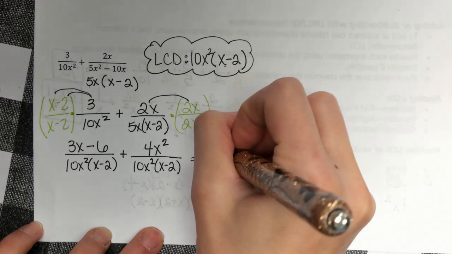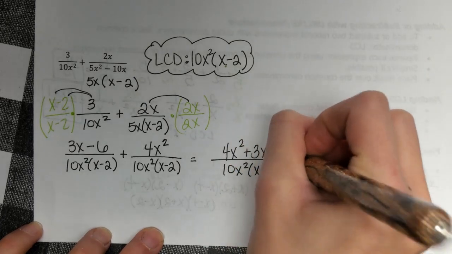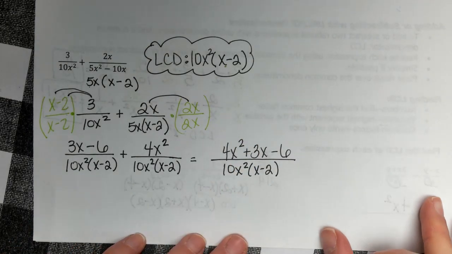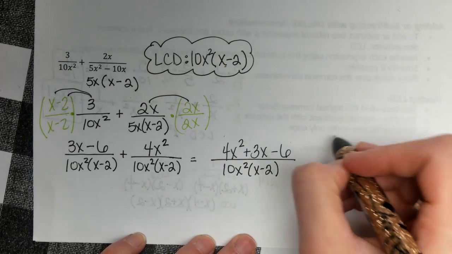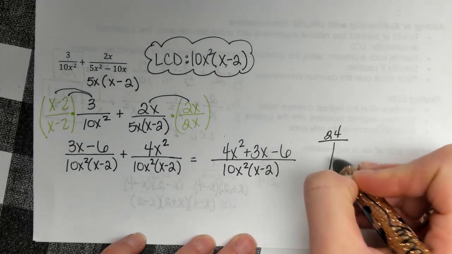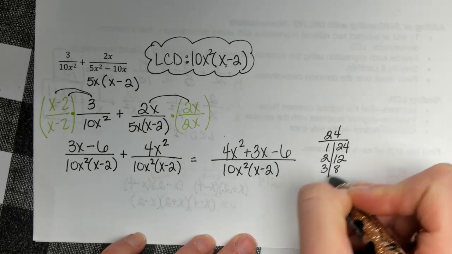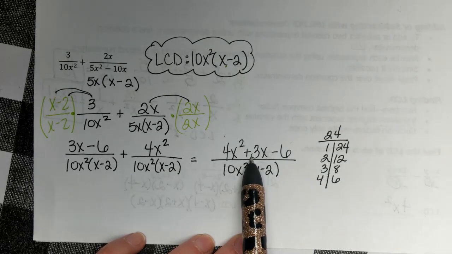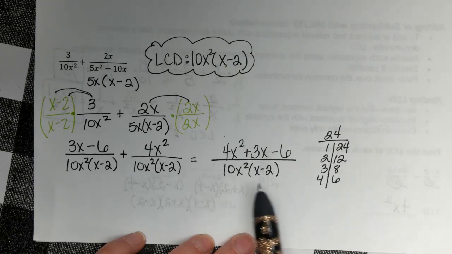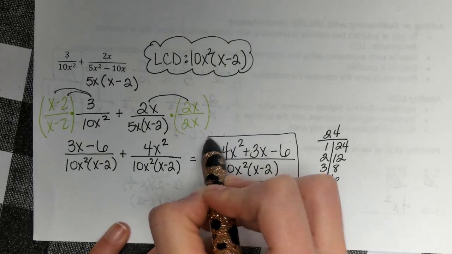So I'm going to have 4x squared plus 3x minus 6. Okay, then I'm going to try to factor again. So 4 times 6 would give me a 24. So 1 and 24, 2 and 12, 3 and 8, 4 and 6. Would any of those give me a 3? No. So I can't factor it. There is my answer.